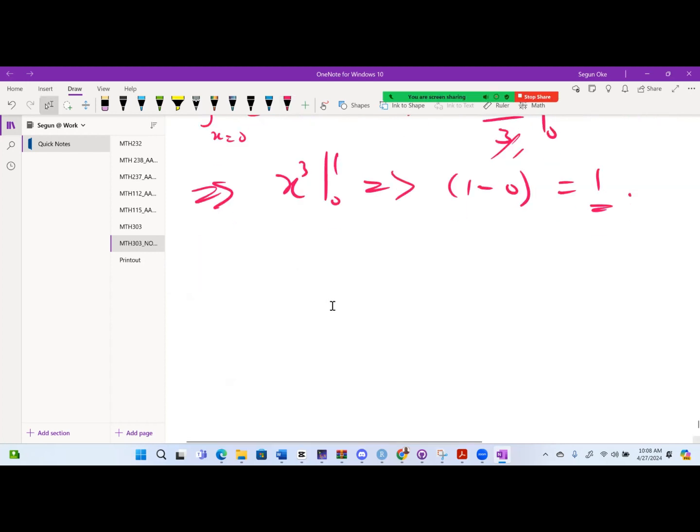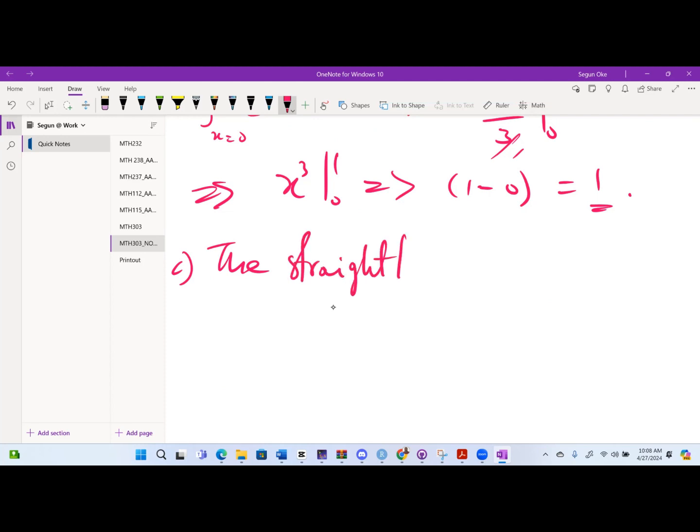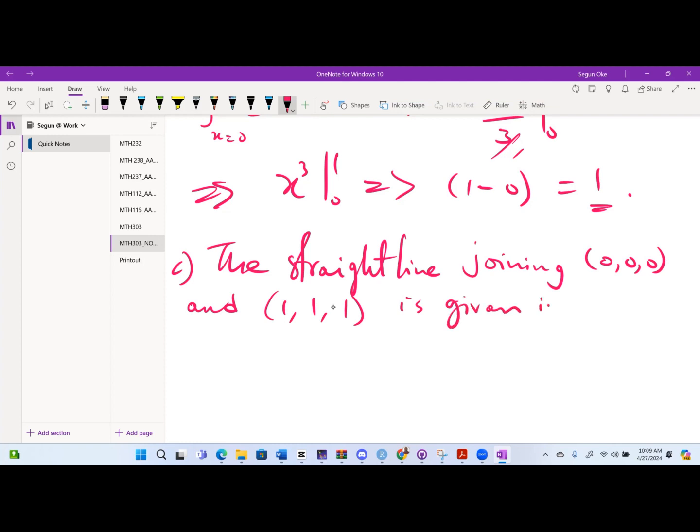So the C part of it says the straight line joining (0, 0, 0) and (1, 1, 1) is given in parametric form by x equals t, y equals t, and z equals t.